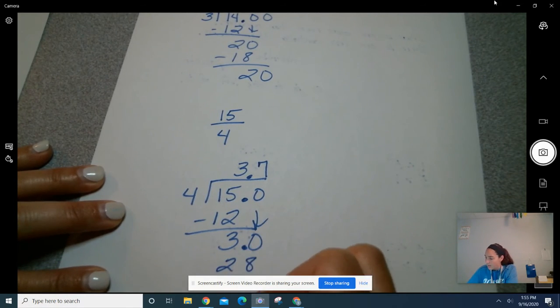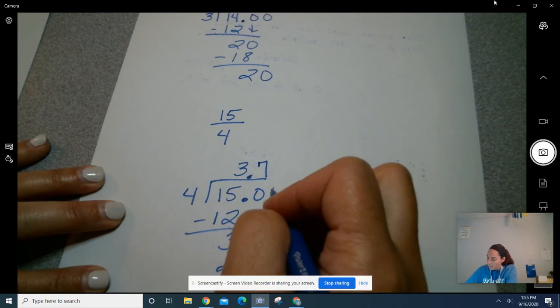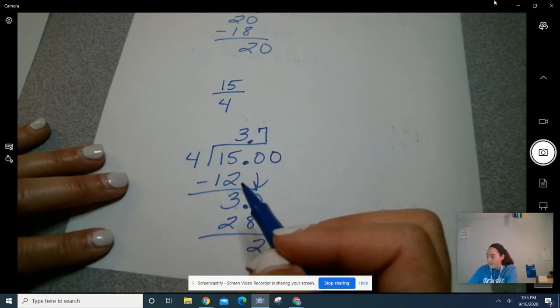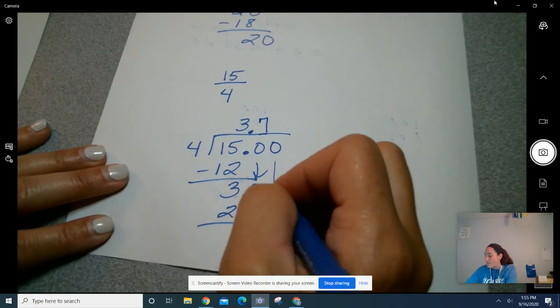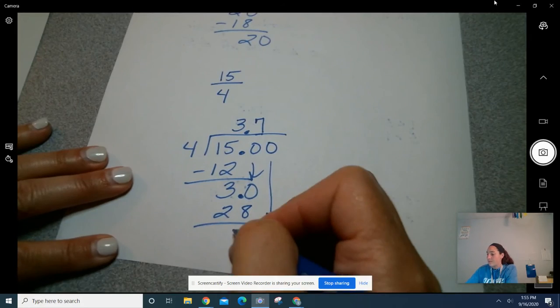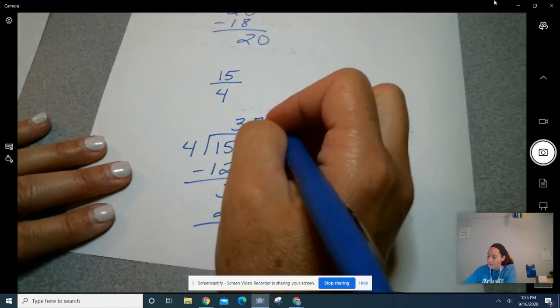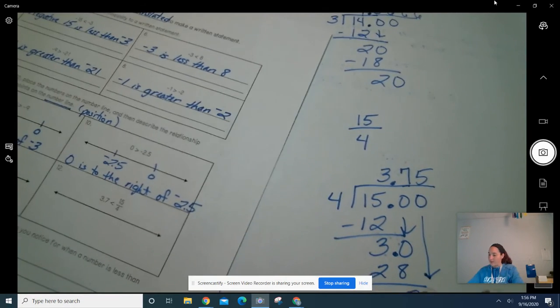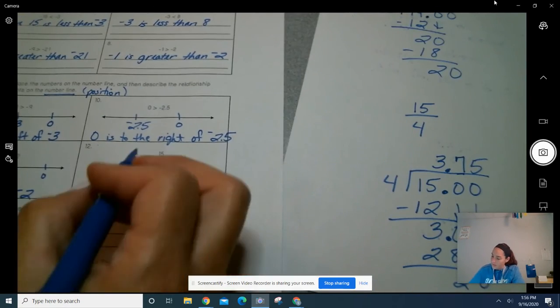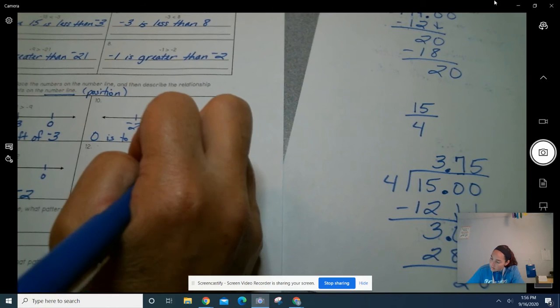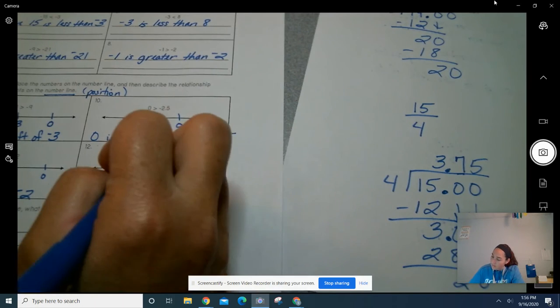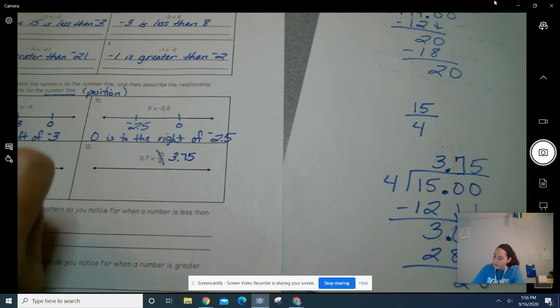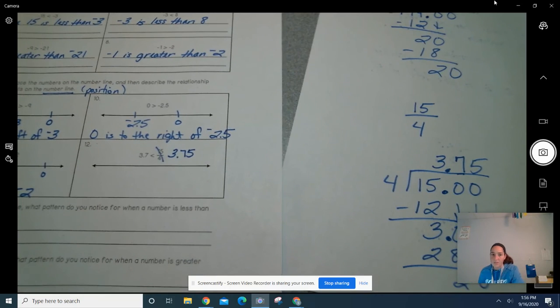We subtract and we get 2. We have 0. Bring it down. 4 goes into 20 5 times. So we have 3.75, which is the same as 15 fourths.